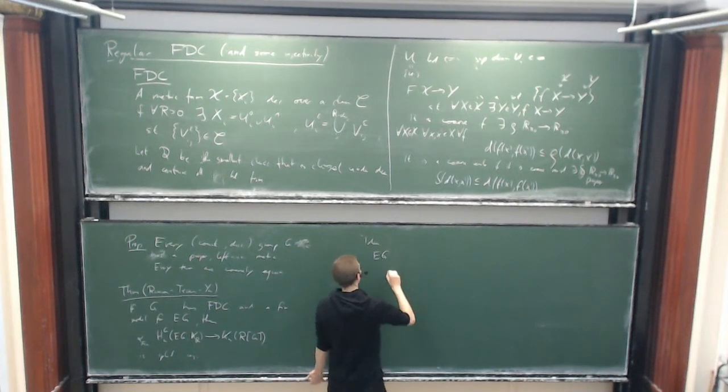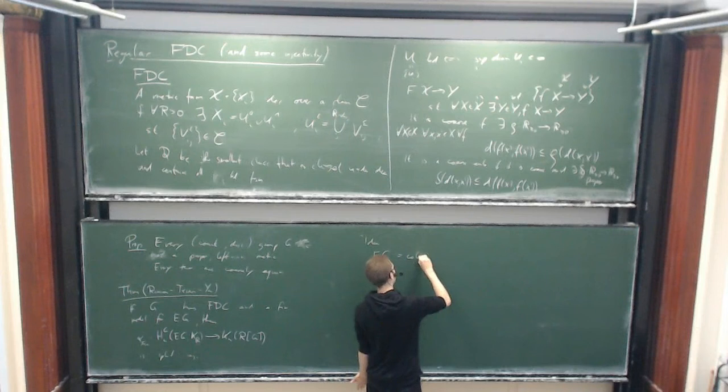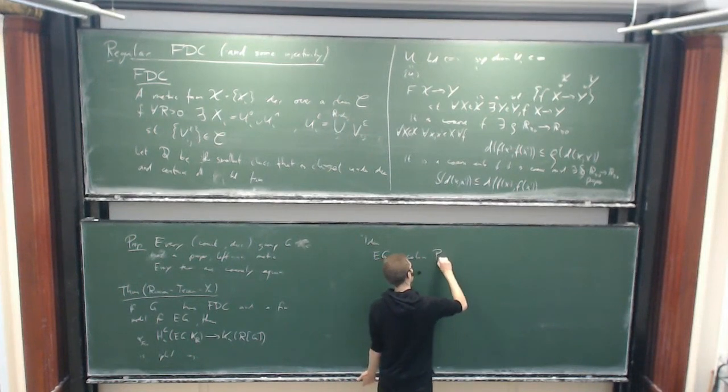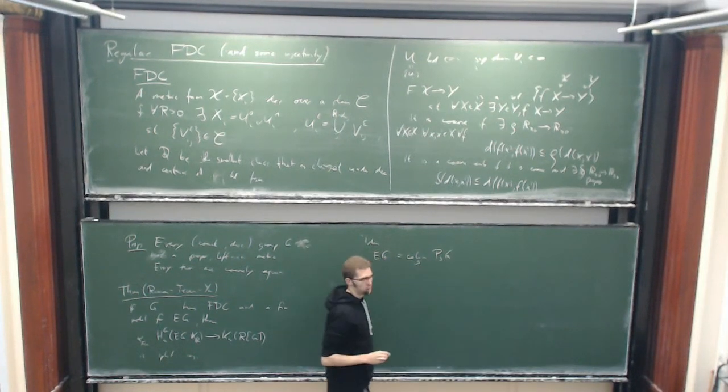So the first one is that this one is a colimit over the Rips complexes.